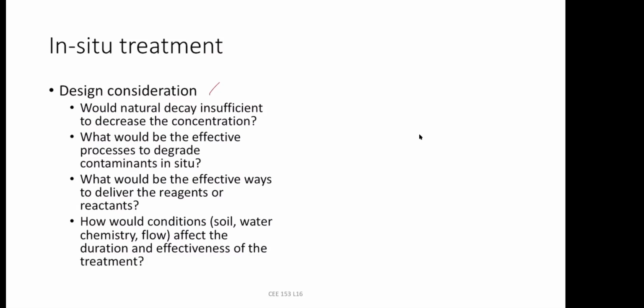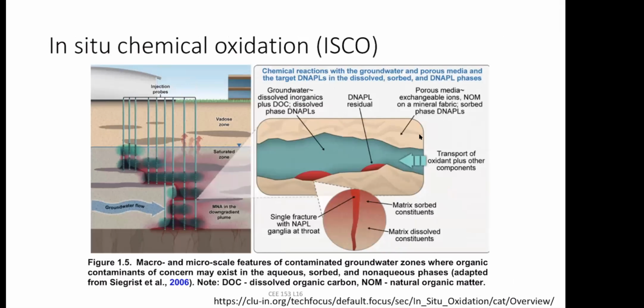Because as I said, very reactive oxidants will not be easy to deliver, because the moment you deliver it near the soil, the soil will take up all that oxidant, so there will be nothing remaining for the actual pollutants. And all the other conditions you have to think of. Again, we're not going into details. Instead, with chemical oxidation, you inject the oxidants, they will find the pollutants and destroy them.